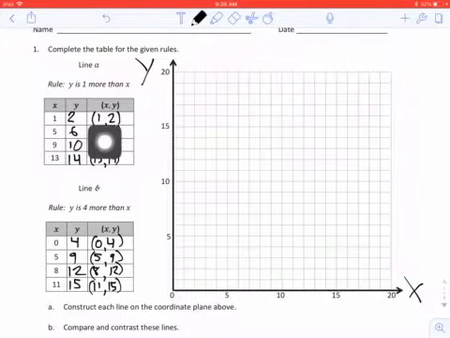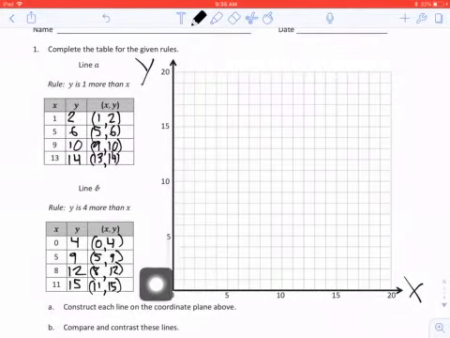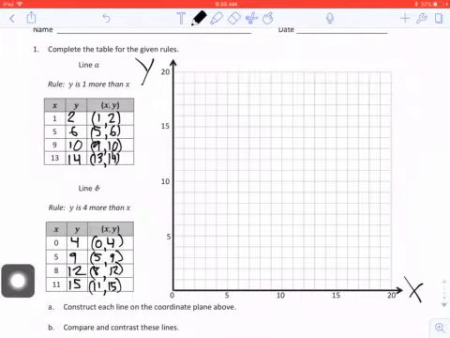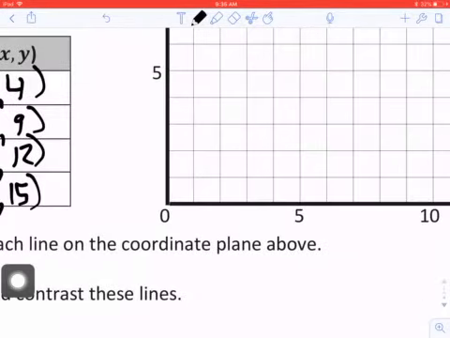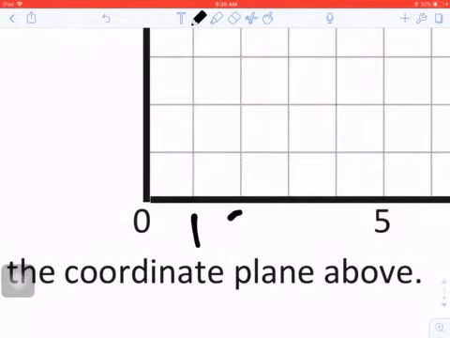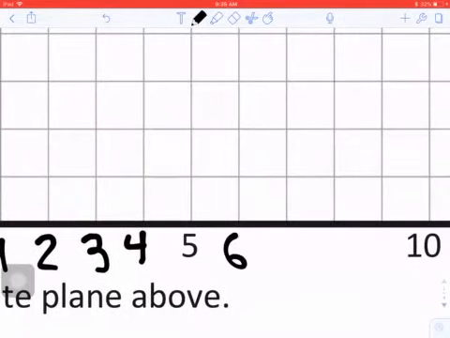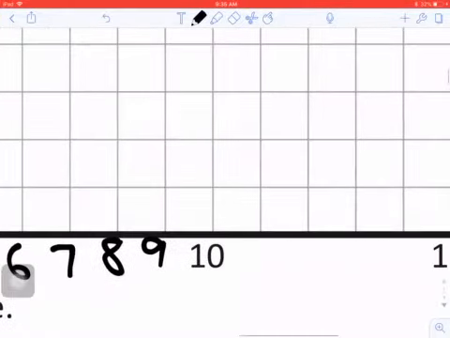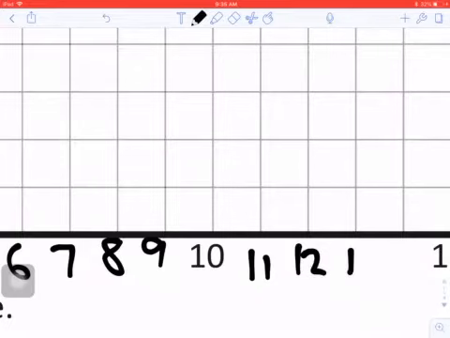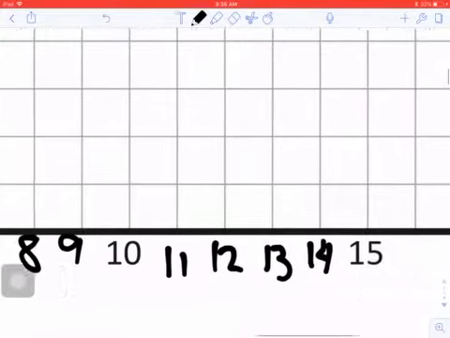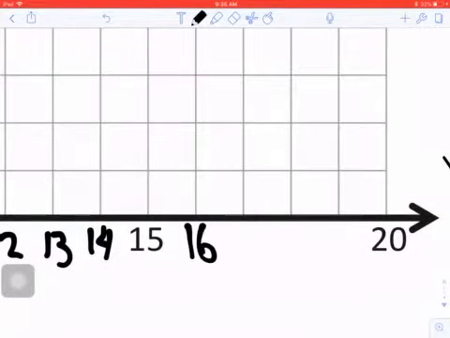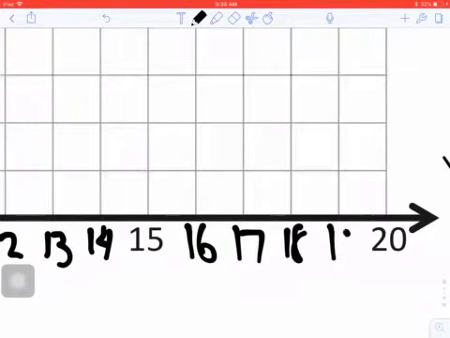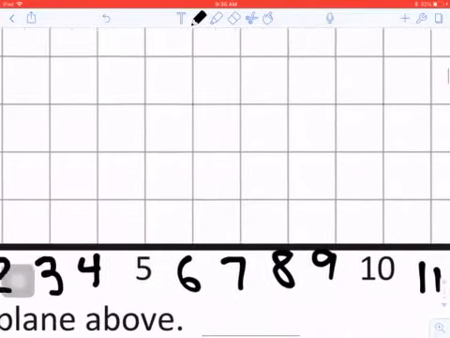Then we can go ahead and plot these points. So we have our first one, our X is at the 1, so 1 on the X. If it helps you, you can zoom in on this and fill these in. You don't have to, but you definitely can if that makes it easier. 9, 10, 11, 12, 13, 14, 15, 16, 17, 18, 19, 20. Then you don't have to worry about that.